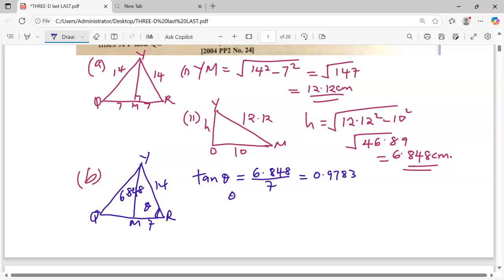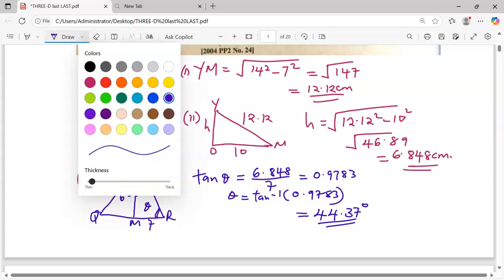Therefore, the angle theta is going to be equivalent to the tan inverse of 0.9783, and this one is going to translate to an angle equivalent to 44.37 degrees, correct to 4 significant figures.